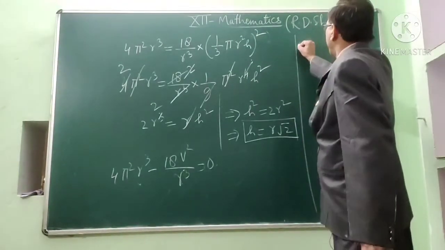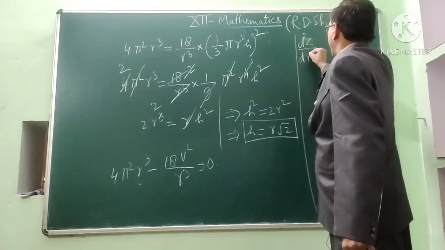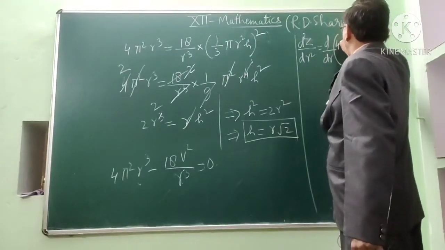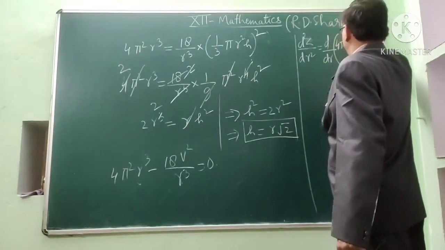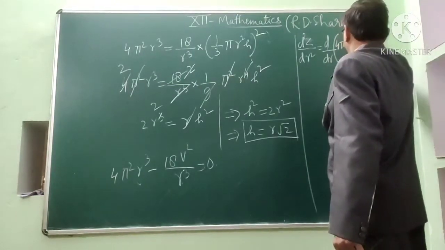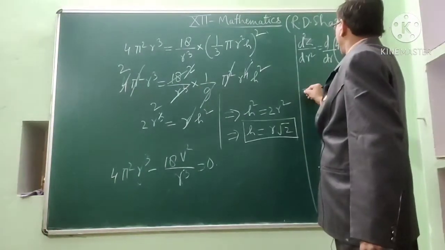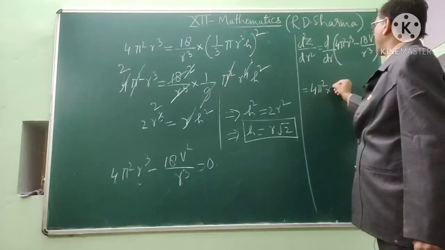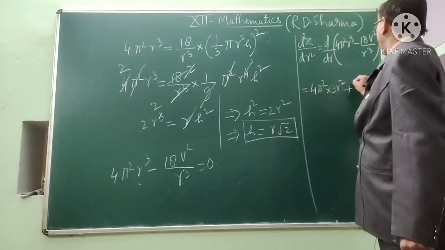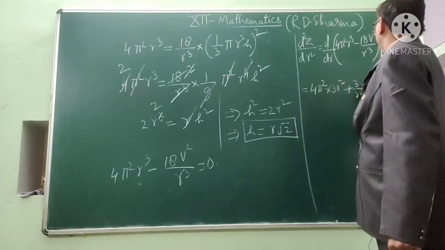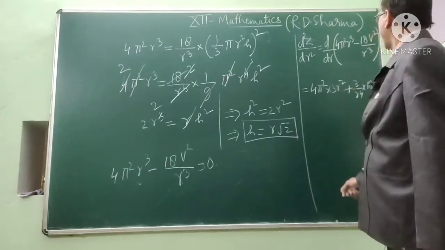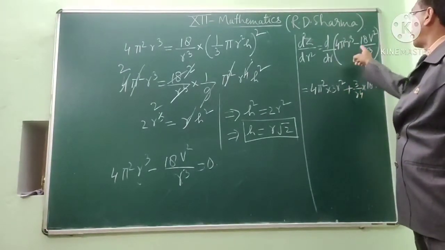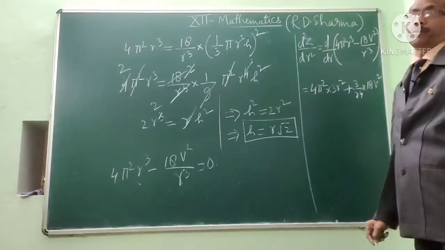Now we will find d2z over dr square. We differentiate d over dr of 4 pi square r cube minus 18v square upon r cube. 4 pi square is constant. The derivative of r cube is 3r square, plus it is 3 upon r power 4 into 18 into v square, since the derivative of 1 upon r cube is minus 3 upon r power 4, so minus minus gives plus.